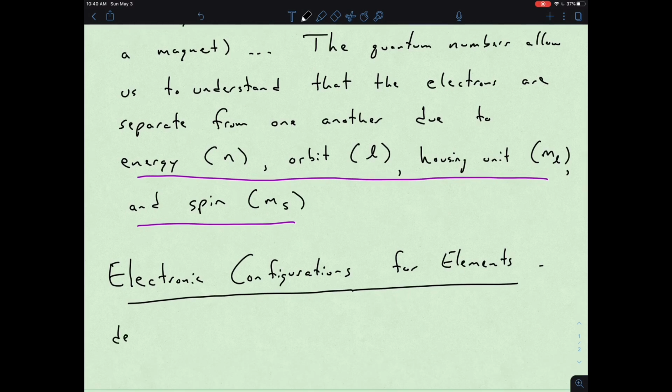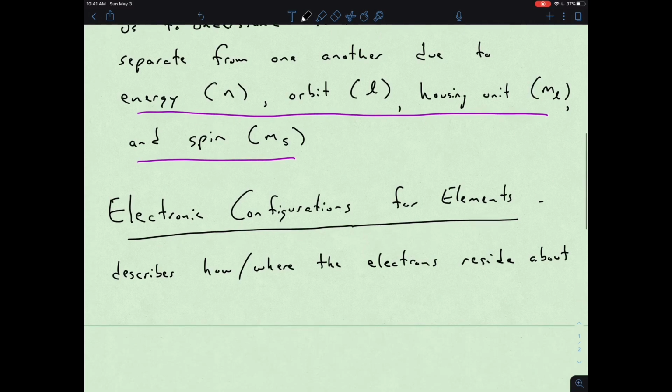This basically just describes how, or where, the electrons reside about the nucleus.